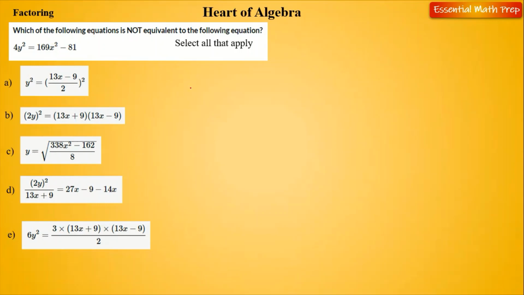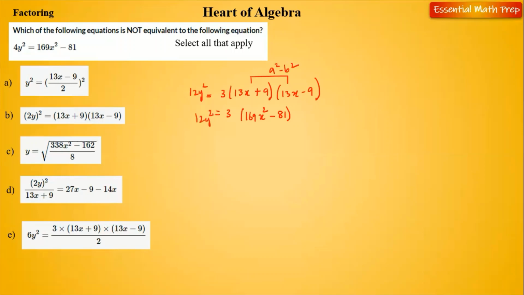So if you choose choice E, it's 12y squared equals 3 times 13x plus 9, right? Times 13x minus 9. Now, you do not have to do a whole lot. You can keep the 3 as it is, and if you multiply just this portion inside the bracket, it's 169x squared minus 81, because this represents a squared minus b squared.